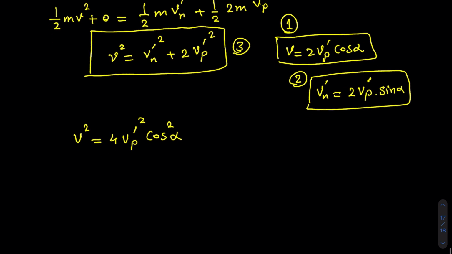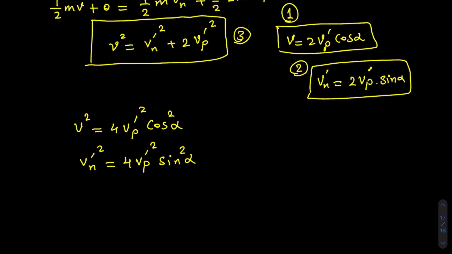I raise it to the power of 2. And the other one, which is velocity of nucleus to the power of 2, is equal to 4 times velocity of particle after collision to the power of 2 times sine 2 alpha.